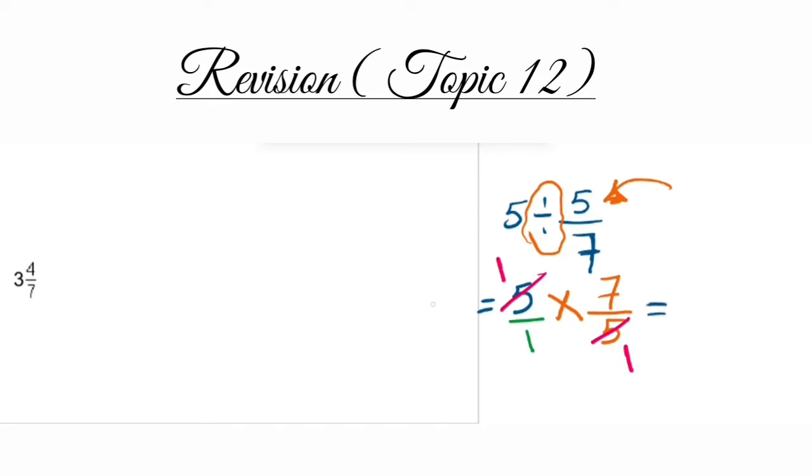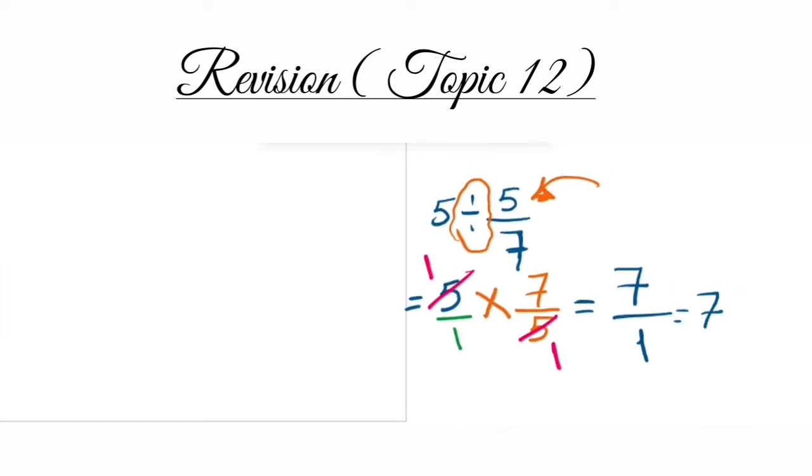And now multiply. 1 multiplied by 7, that's 7. And 1 multiplied by 1 is 1. So 7/1, which is 7. So the final answer is 7.